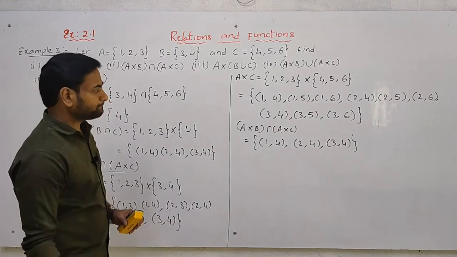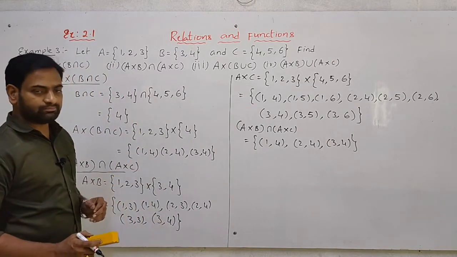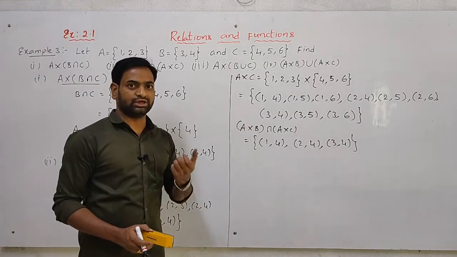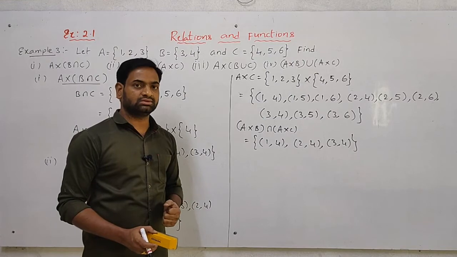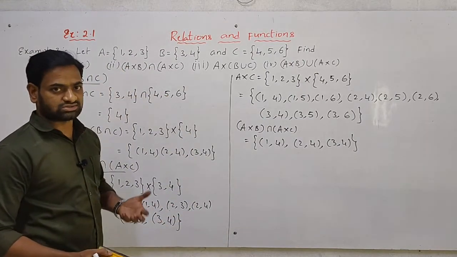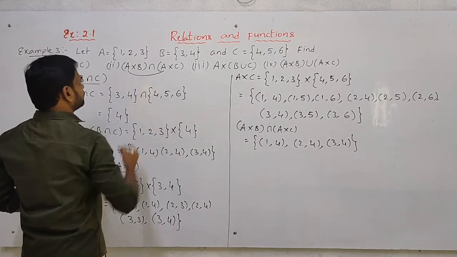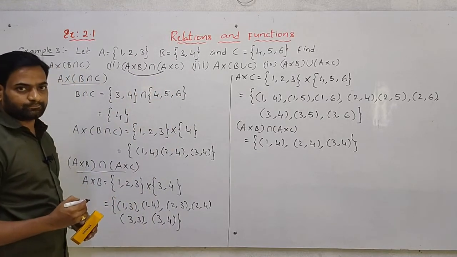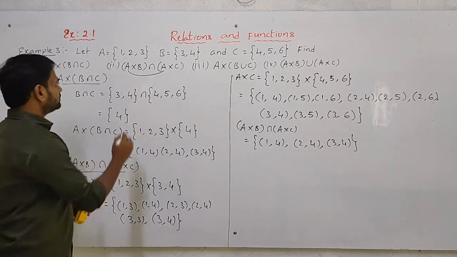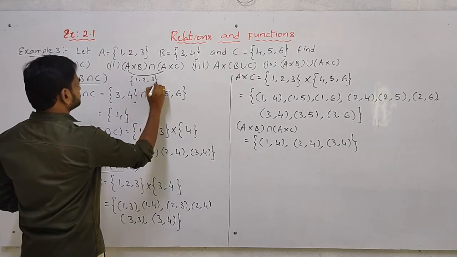See here, it is a board level. Suppose it is in CET, in the competitive pattern. Without solving, how can we say the answer? See here, both the first sets are A only. So what is the A now? A is {1, 2, 3}.